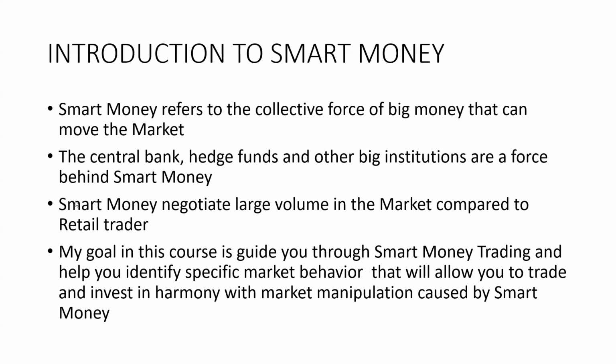So smart money, the third point: smart money negotiates large volume in the market compared to a retail trader. The other thing where you and I are disadvantaged is because we have a small amount of capital to trade. Big banks can trade from 1 million, that is the smallest amount, up to 1 billion a day.